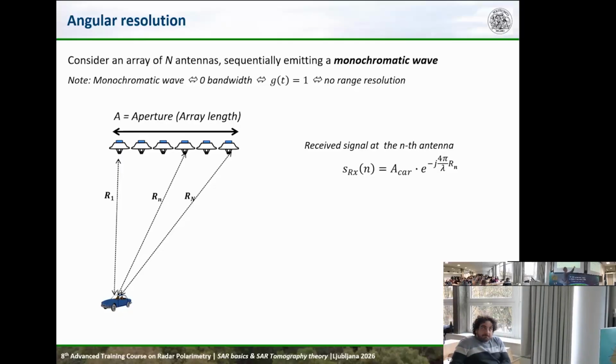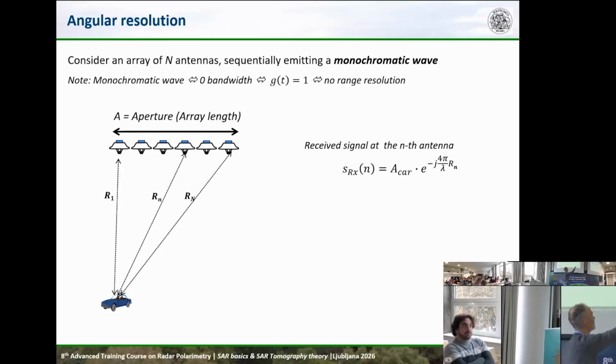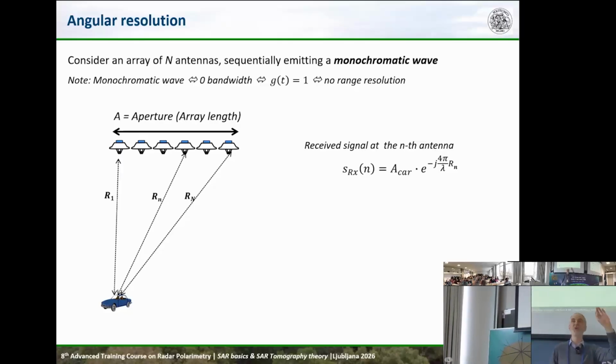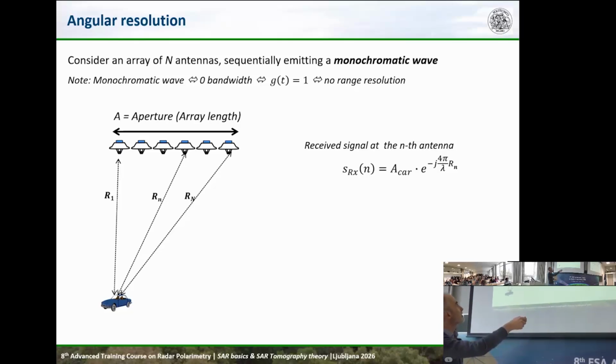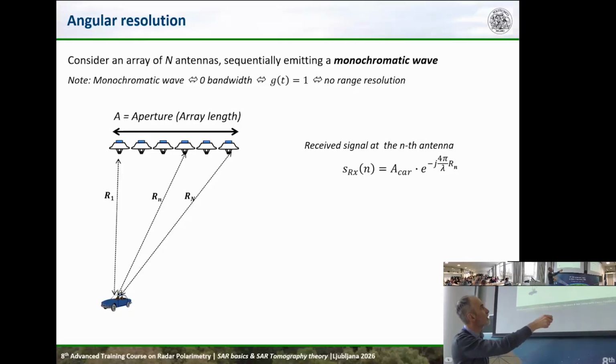In this expression, we have the amplitude, we have the phase. There is no g of t here, because this is a simplified experiment, and so to make it simple, we forget about the g. And so we have that the signal that we received at the antenna number n has this form. It has an amplitude and the phase that depends on the distance of the car to that particular antenna.